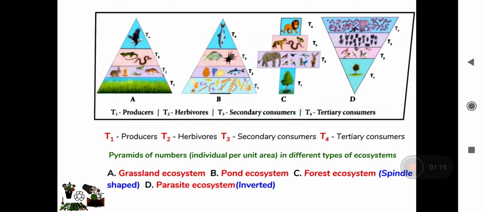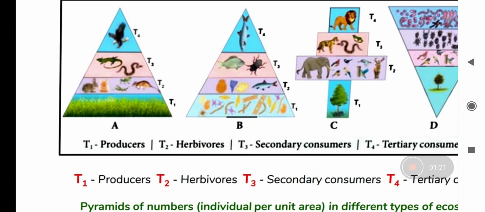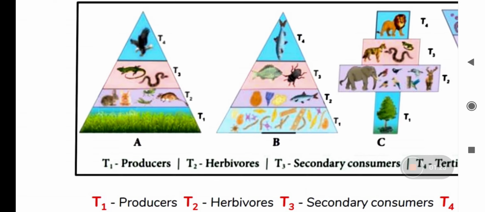Of course, in both cases, the number of producers will be greater, both in the grasslands as well as in the ponds. And this number will keep decreasing, so you will get a proper Egyptian pyramid.